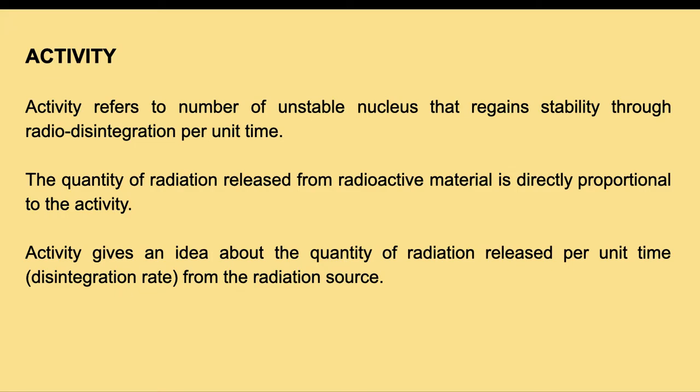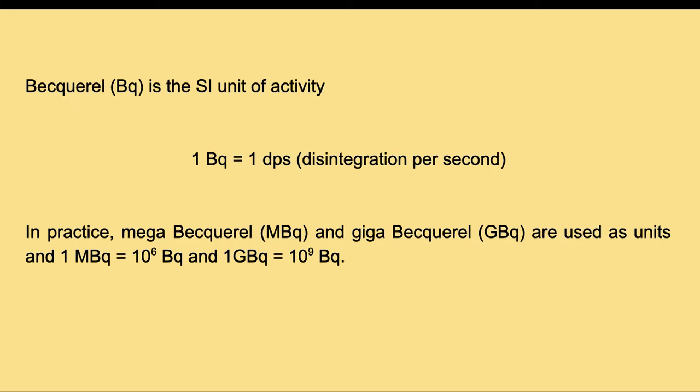Activity gives an idea about the quantity of radiation released per unit time, or you can call it as the disintegration rate from the radiation source. And normally you are considering it as dN by dt. And becquerel, represented as Bq, is the SI unit of activity. You can define 1 becquerel as equal to 1 disintegration per second, that you are writing as dps.